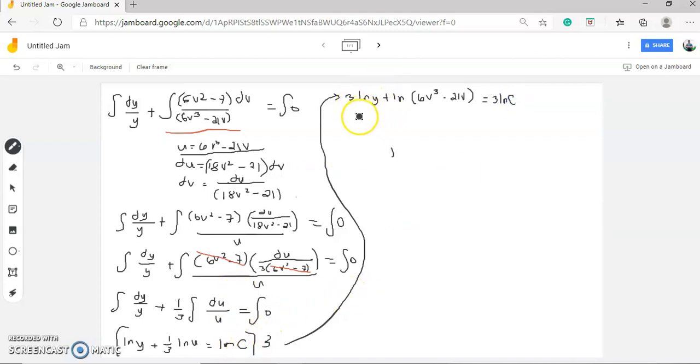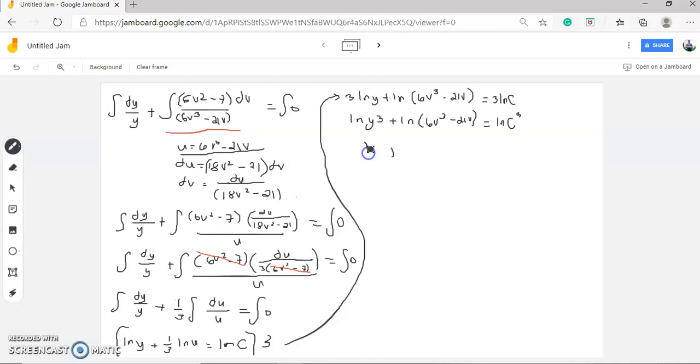Now we will make it as power. So we have ln y cubed plus ln of 6v cubed minus 21v equals ln c cubed. So from there, try to use logarithmic properties. Since the sign between them is positive, we will multiply them.